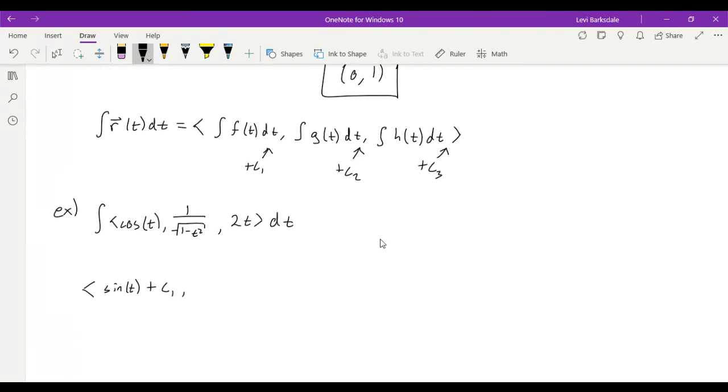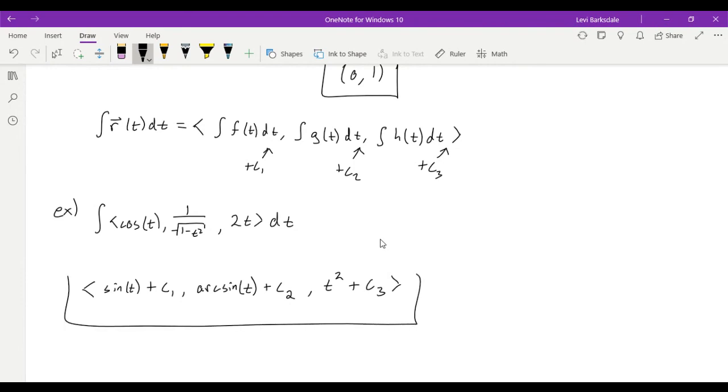This second component is the integral, it comes out to be arcsine. This is a definition you should have memorized. Again, we have a different constant, and finally, the integral of 2t is t squared plus a third constant. It's important that you get all of those constants. So this would be the integral. Perfect, perfect.